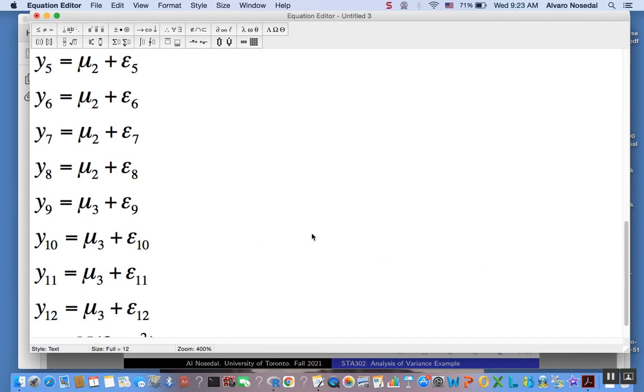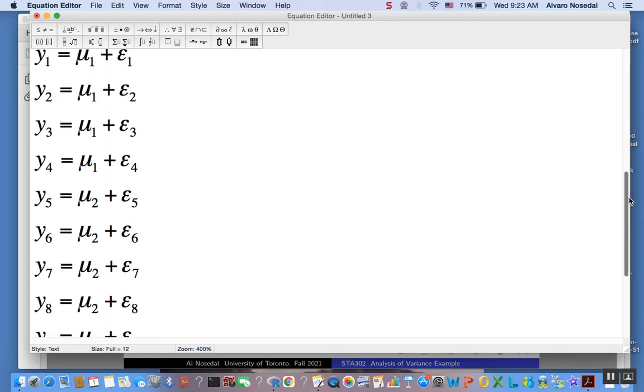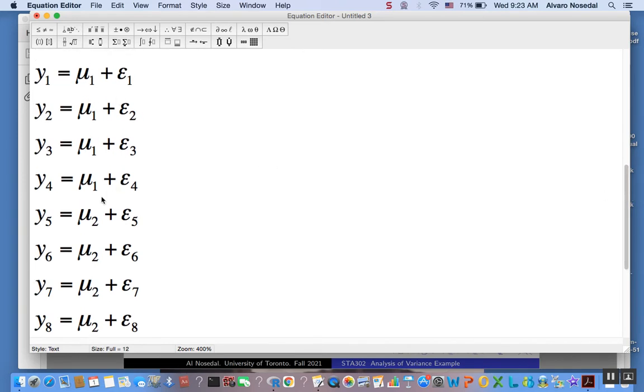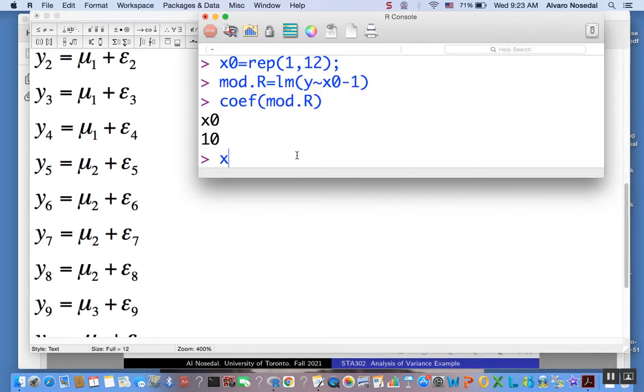And our vector of beta parameters is going to be a 3x1 vector with mu1, mu2, and mu3 in it. Make sense? So let me use x1 for the first column of our second design matrix. I'm going to repeat the number 1 4 times, and then I'm going to repeat the number 0 8 times.